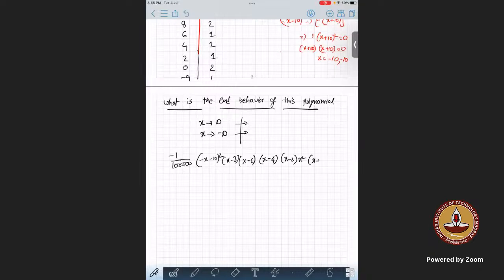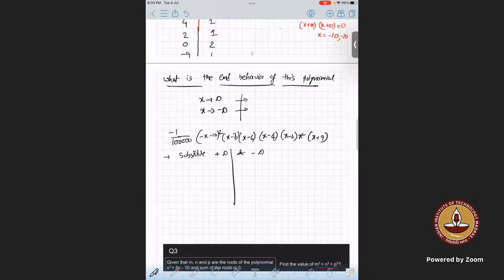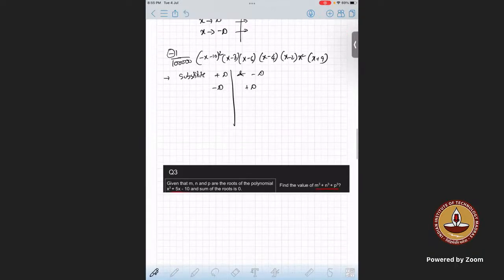Just substitute plus infinity and minus infinity. If you substitute plus infinity, as there is a minus symbol, you will get minus infinity. And if you substitute minus infinity, you will get plus infinity. Agree? Is it clear? I think it is confusing. Let us see.